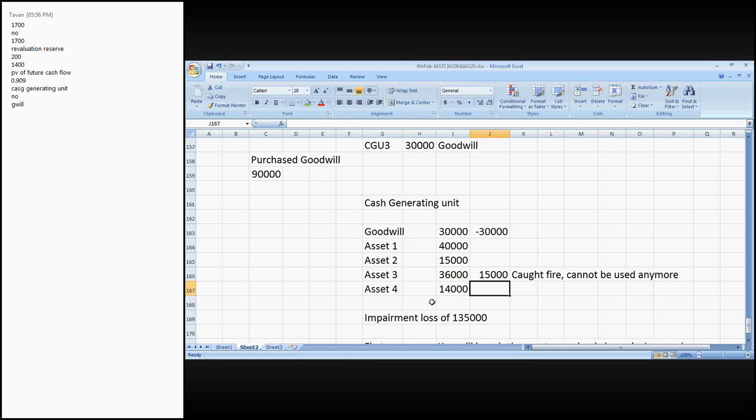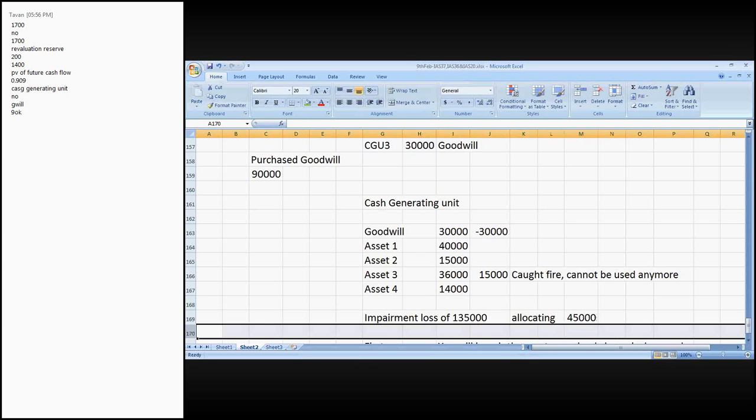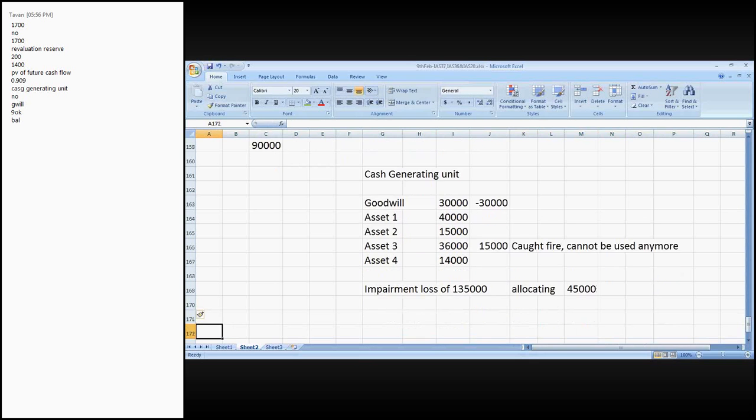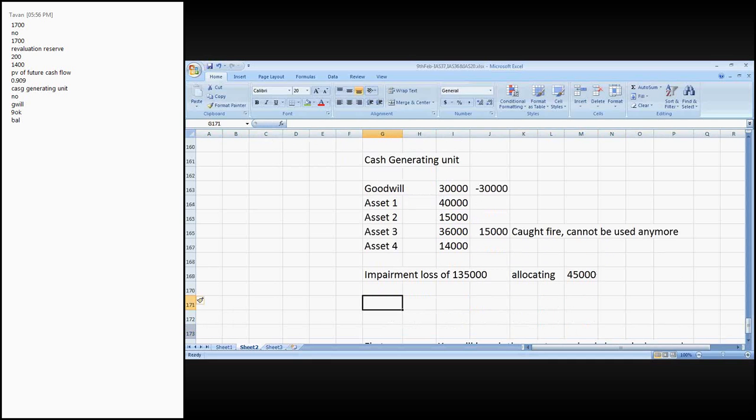Now, out of impairment loss of 135,000, I have been successful in allocating 45,000. The remaining amount I'll allocate proportionately, on a pro rata basis. I hope I do not need to explain pro rata basis to allocate.